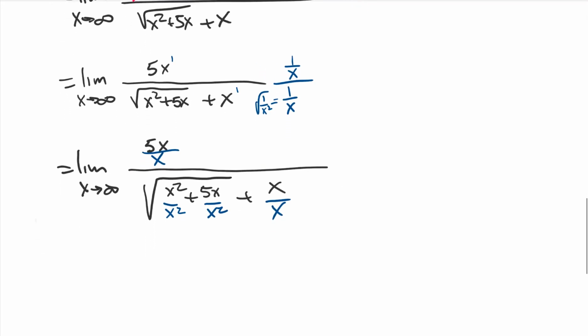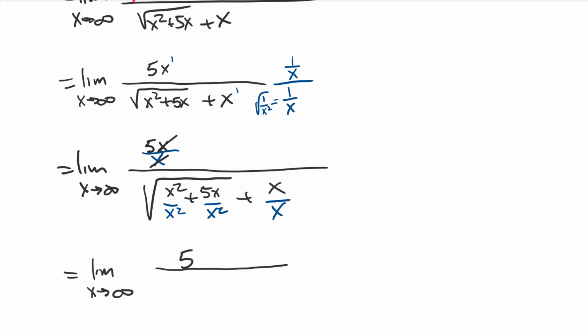We continue on. Those x's go away, just leaving us with a 5 up top. Those went away, leaving us with a 1 plus 5x over x squared. That's 5 over x. And then x over x, that's just 1.